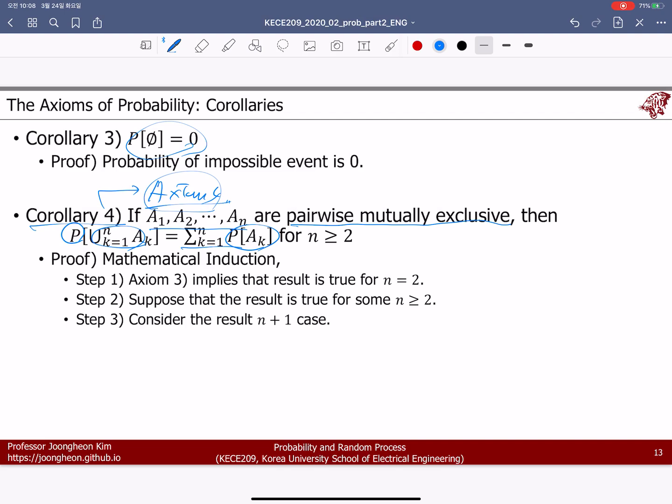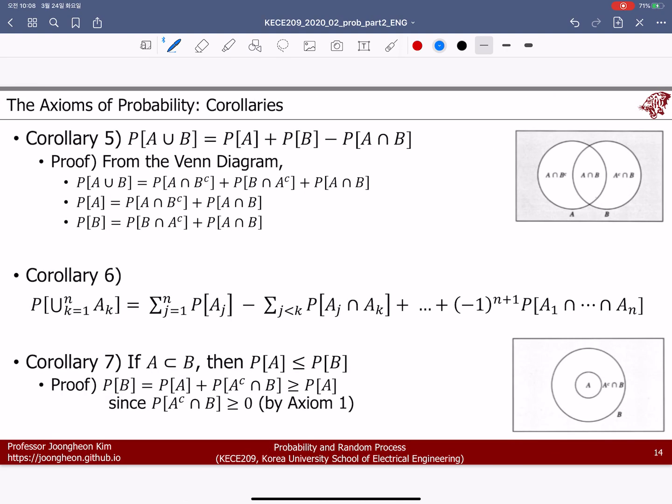However, you can do the proof by using mathematical induction. You can do it by yourself if you want. Otherwise, you can just say that this can be obtained by axiom 4 directly. Okay. And then we have another corollary, but maybe you studied this during your high school ages, first grade of high school.